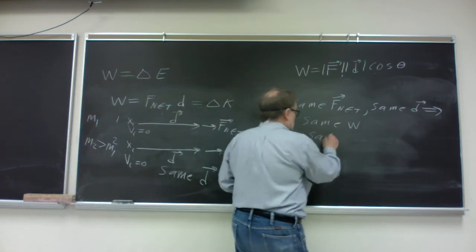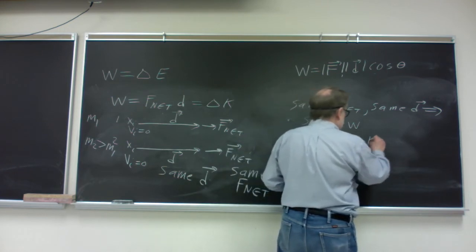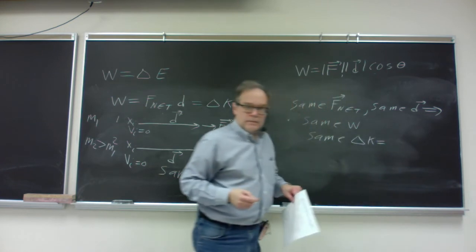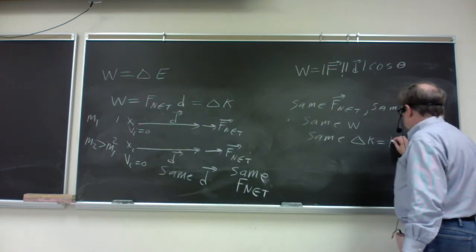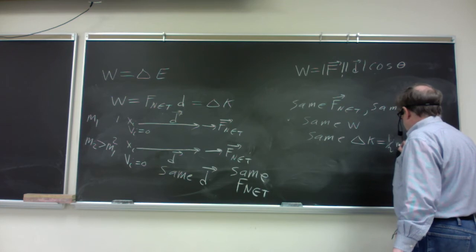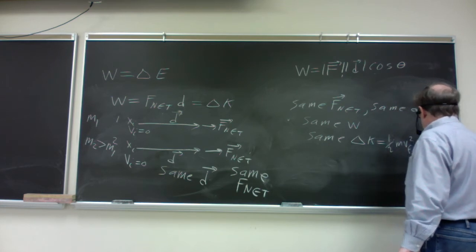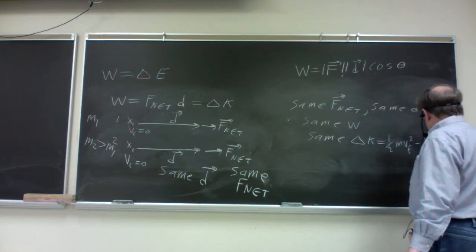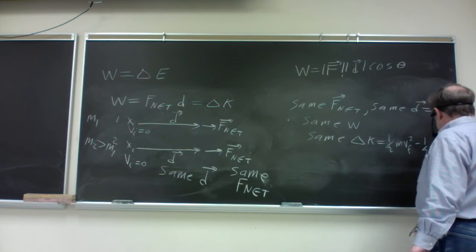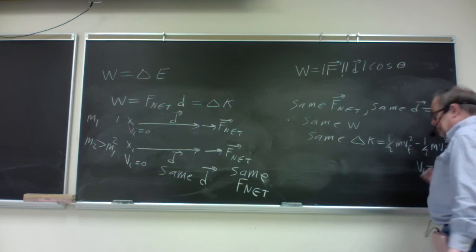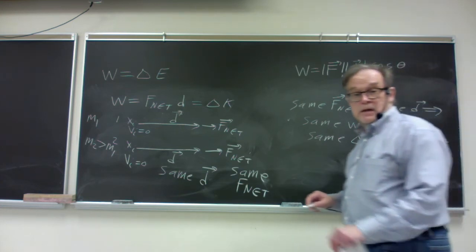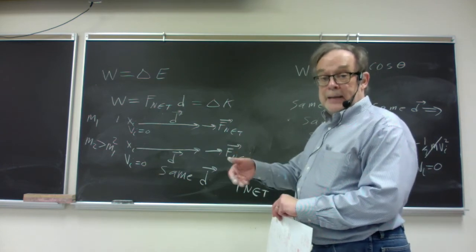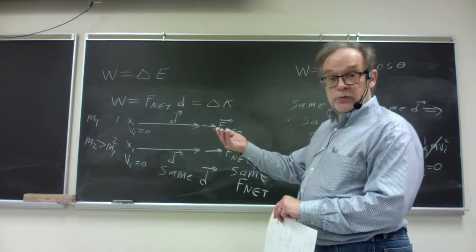So they have the same work done, same change in kinetic energy, but that change in kinetic energy is, of course, the final 1/2 mass final velocity squared minus the initial 1/2 mass initial velocity squared, but they both started from rest. They both started from 0 initial velocity, so that term is just plain 0. So they both end up with the same amount of kinetic energy.